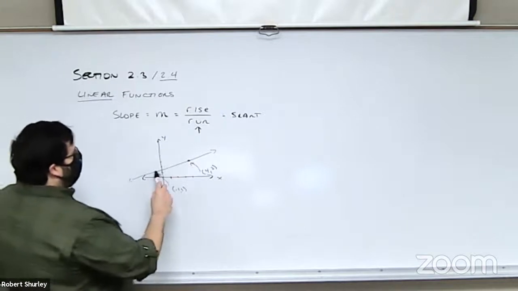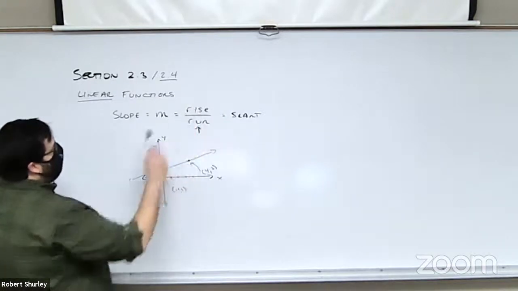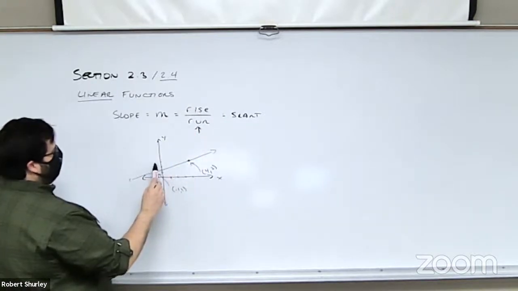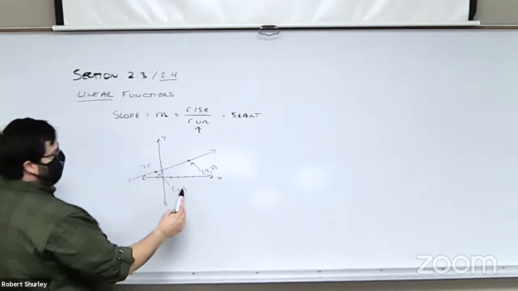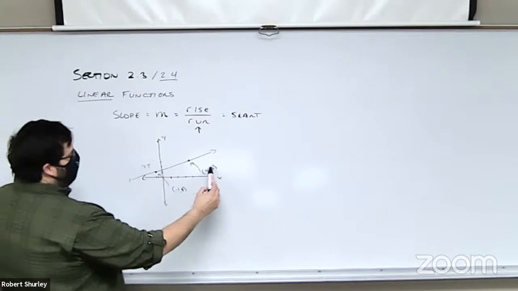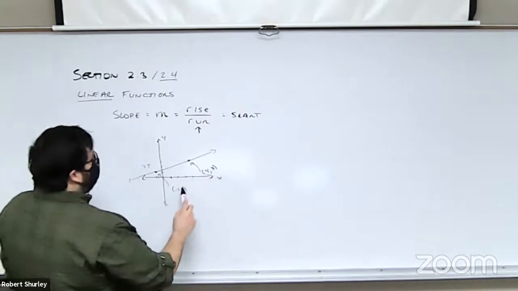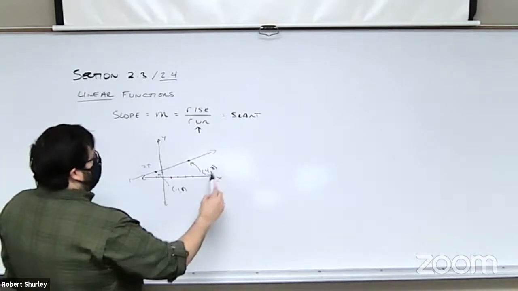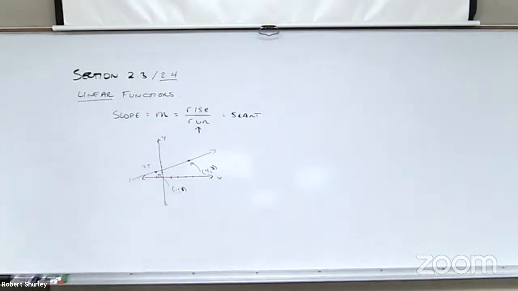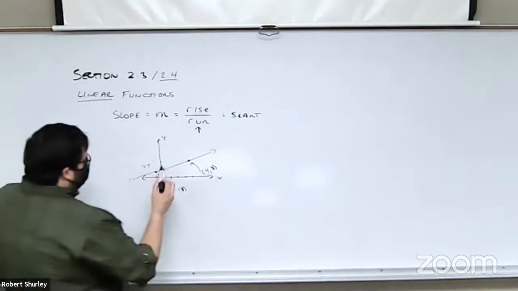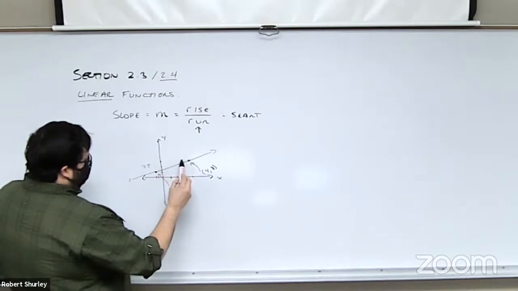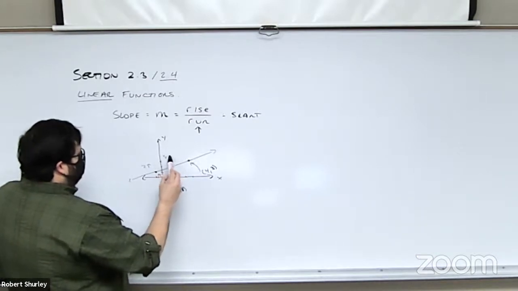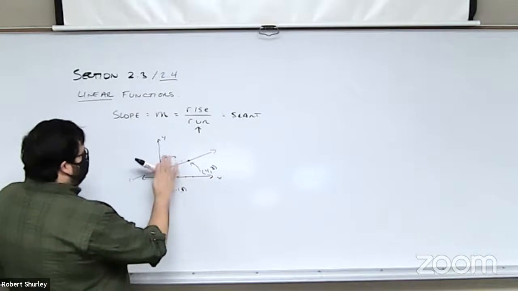Okay, so if I want to go from here to here, the rise, I would go up 1, 2 units, right? 2 units up, because it goes from a positive 1 y to a positive 3 y. So it goes up 2 units. And then we've got the run. We run 1, 2, 3, 4, 5 units to the right.